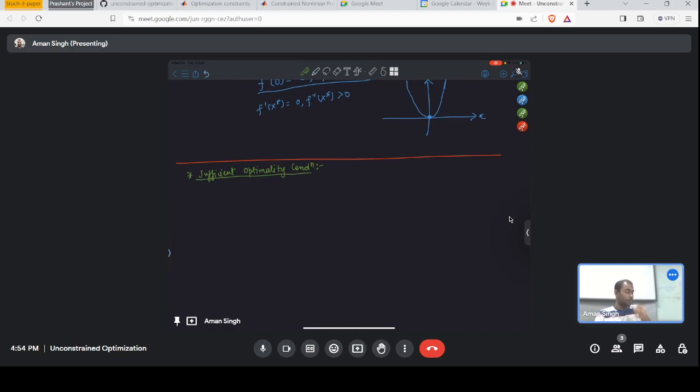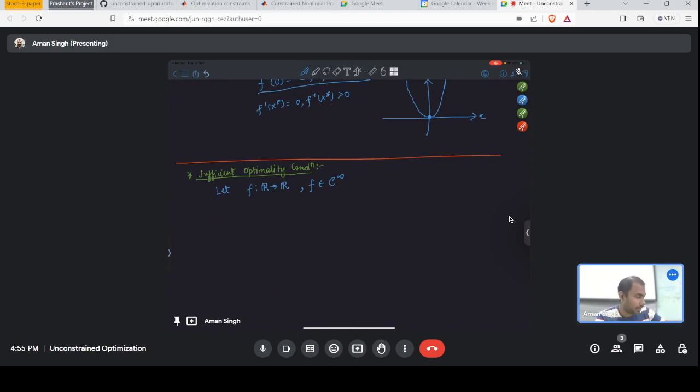So again, I'll first state it and then I'll try to explain it. So basically, let's assume there is a one-dimensional real valued function, and this time f belongs to C infinity, which means that all its derivatives are continuous, or very high order derivatives are all continuous.